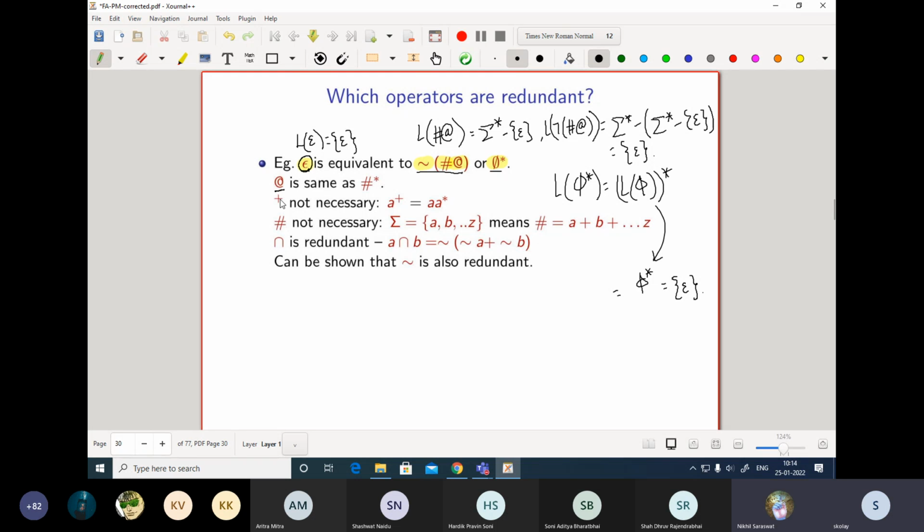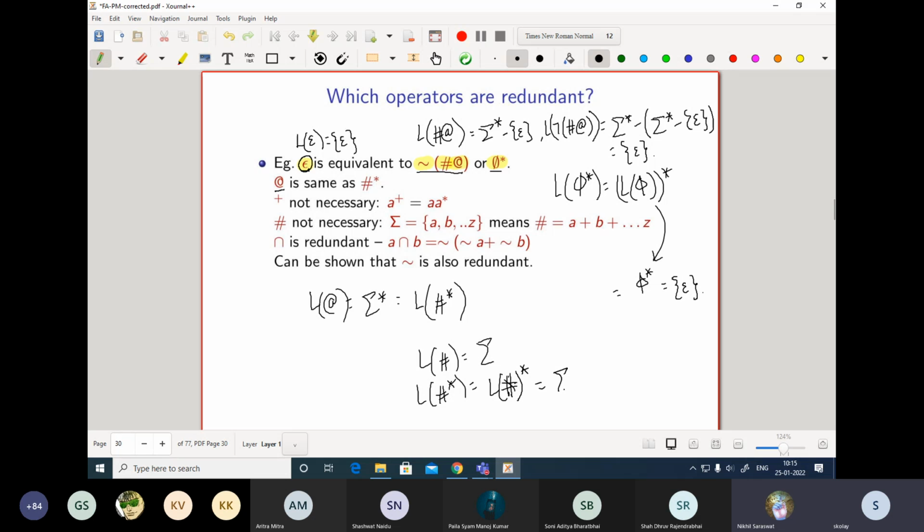Similarly, L of at is sigma star, and this is also equal to L of hash star, because L of hash star is equal to, by definition, L of hash whole star, which is equal to sigma star.